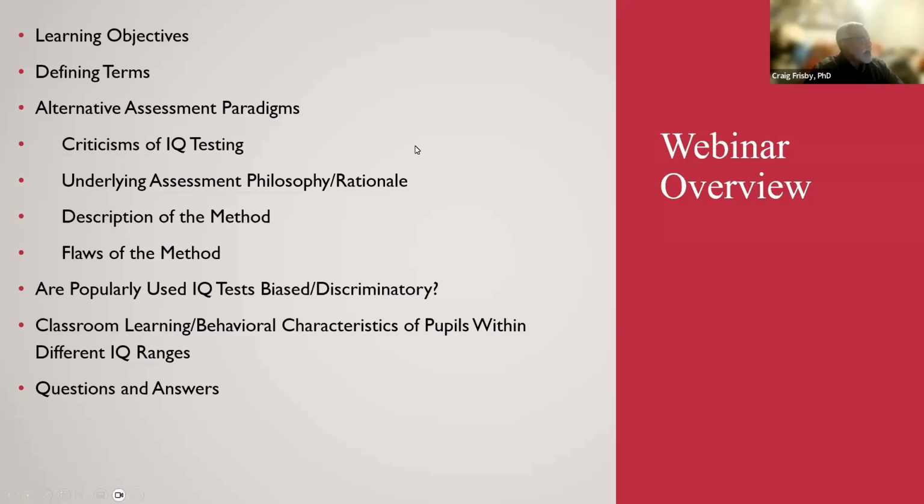We'll then talk about what the underlying assessment philosophy or rationale is in the alternative assessment paradigm. I'll describe very briefly what the method is, and then we'll end with the flaws of these methods.